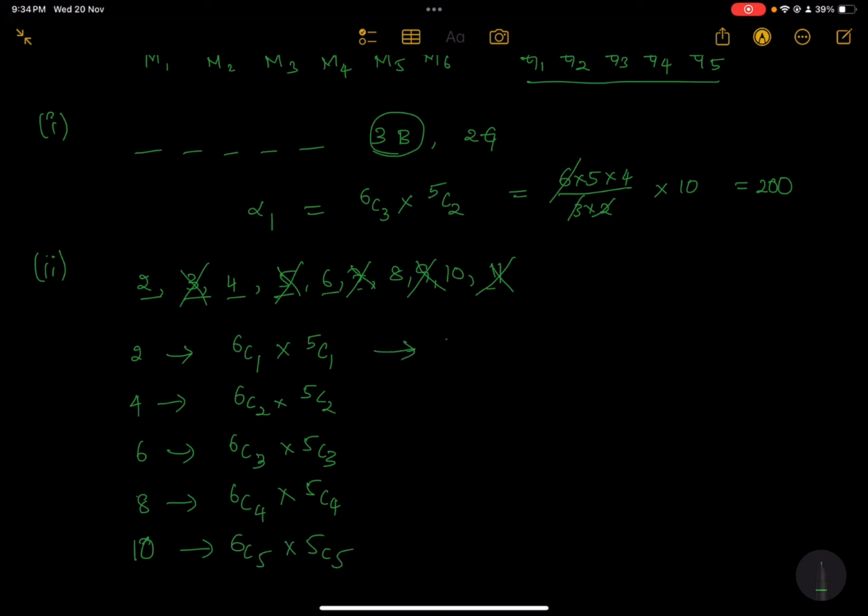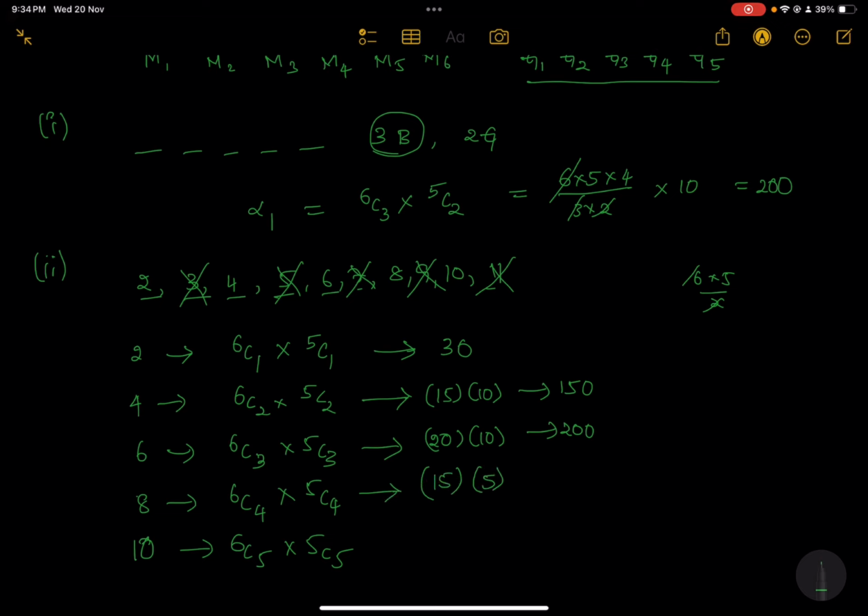So this is 6 into 5, 30. 6C2 is 6 into 5 by 2, so that will be 15. 5C2 is 10. So this is 150. 6C3 is 20. 5C3 is 10. So 200. 6C4 is same as 6C2, so this is 15. 5C4 is 5.